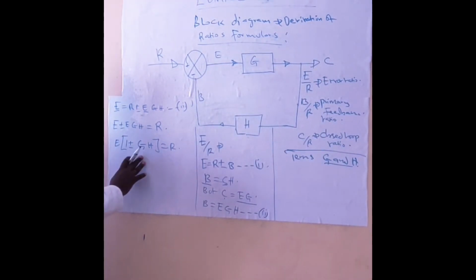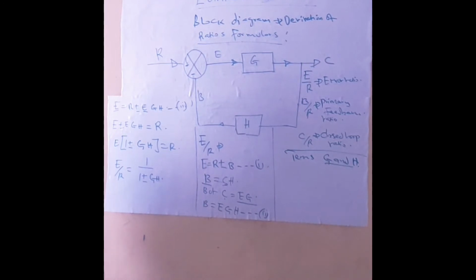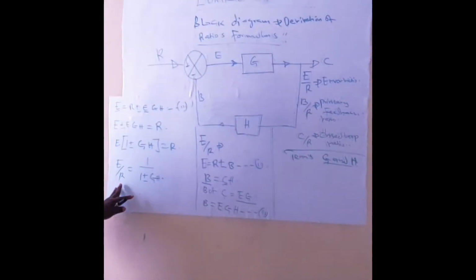By doing that, we get E over R is equal to 1 over 1 plus or minus GH. That is the expression of the error ratio, and that is how it is derived.